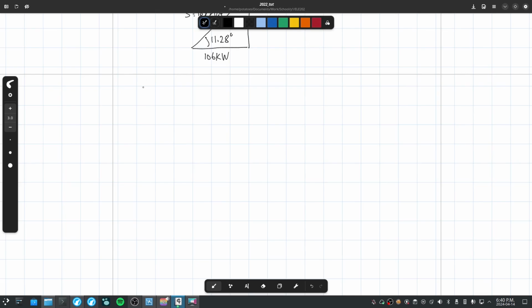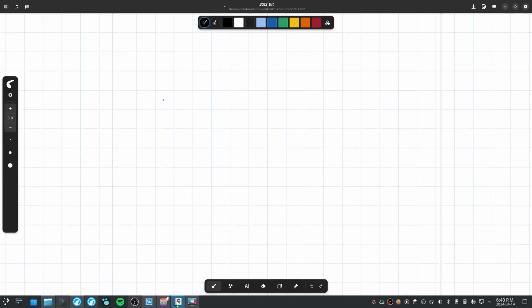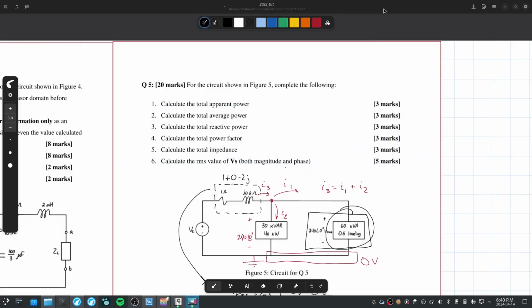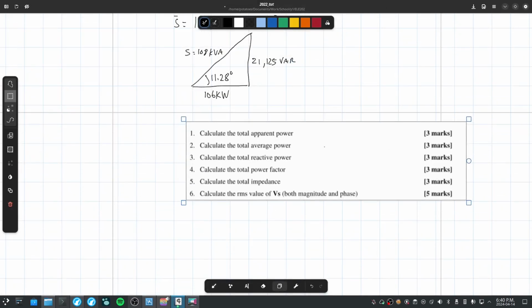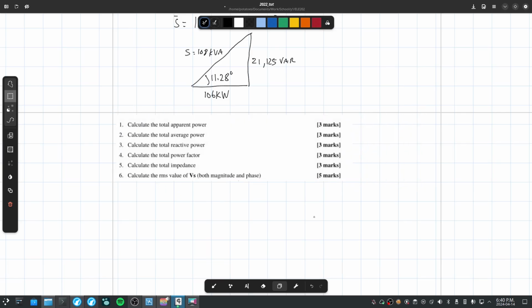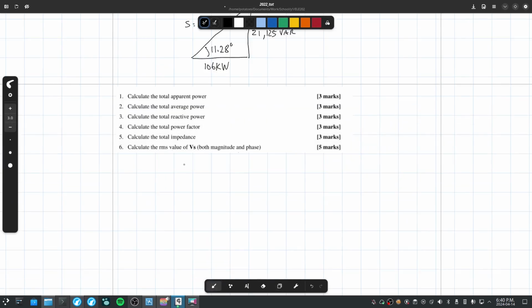So, what's the total apparent power? Because that's what our question is asking. Let's drop down the question here. Calculate the total apparent power. The total apparent power is just the sum of all of the powers. That's it, in complex form, by the way.